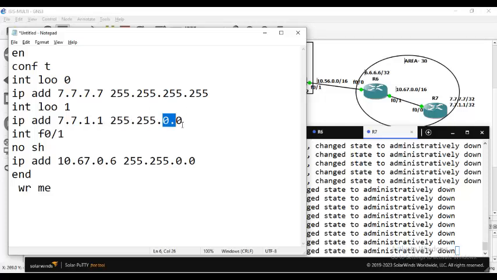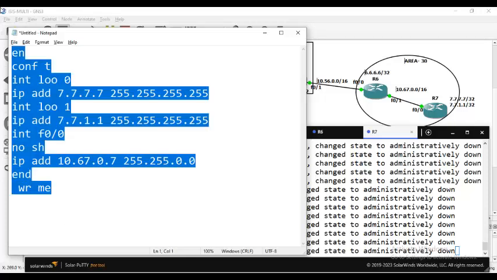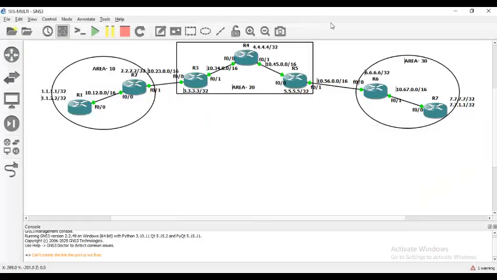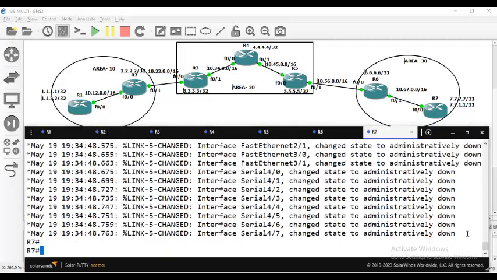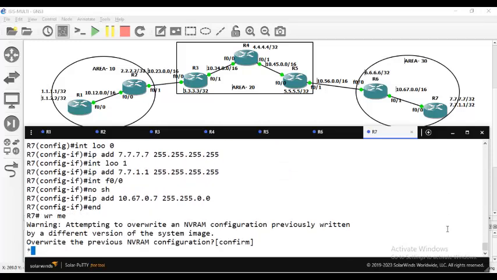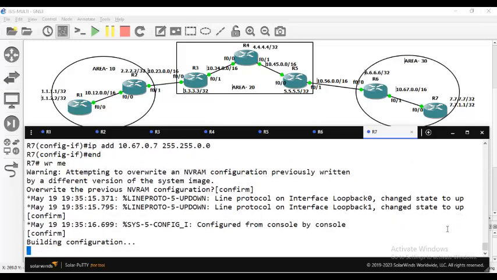Okay, now something important we are going to discuss before we do. You see, I have to give a unique CLNS ID for each router. You remember we learned this. Each router needs a unique CLNS ID. This is how we configure that.